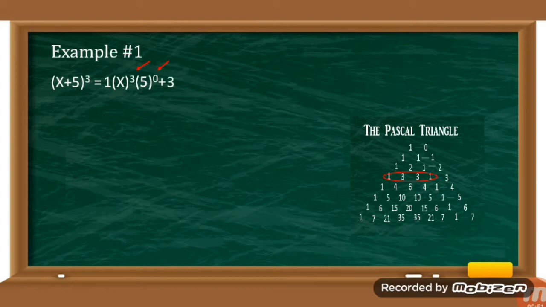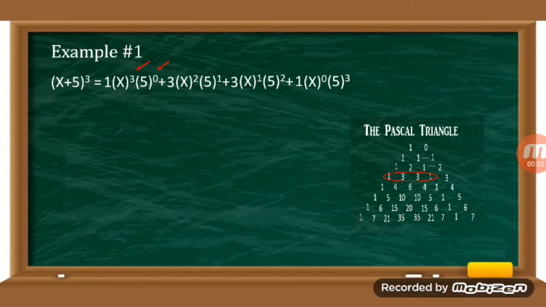Plus, 3 times the quantity x raised to 2 times the quantity 5 raised to 1 plus 3 times the quantity x raised to 1 times the quantity 5 raised to 2 plus 1 times the quantity x raised to 0 times the quantity 5 raised to 3.